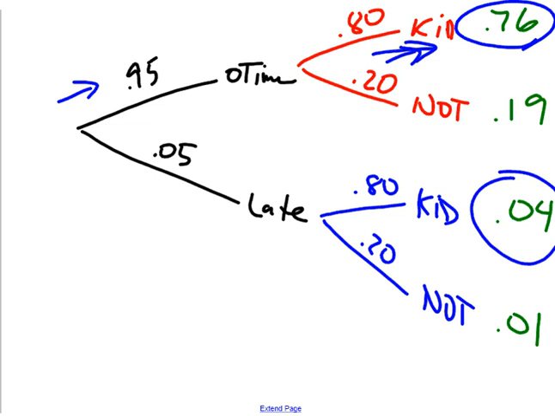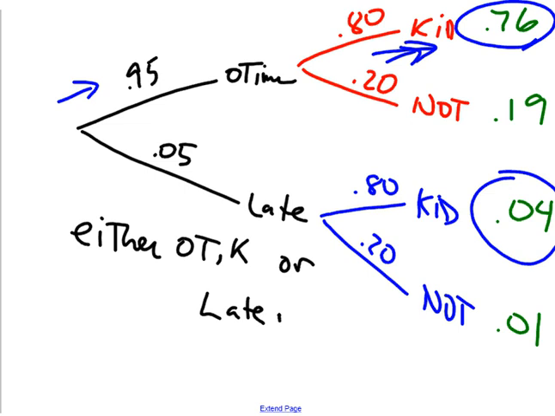What is the probability that either I was on time and there was a kid there, or I was late and there was not a kid there?